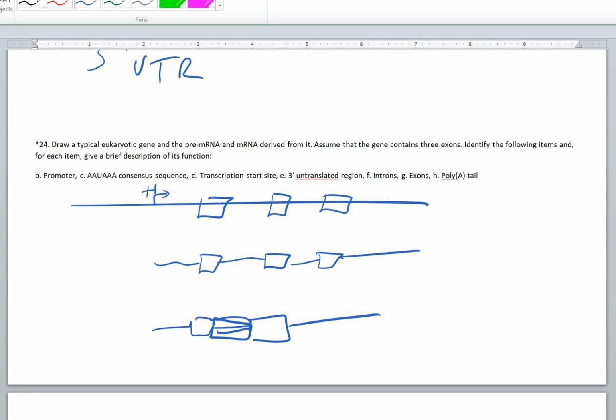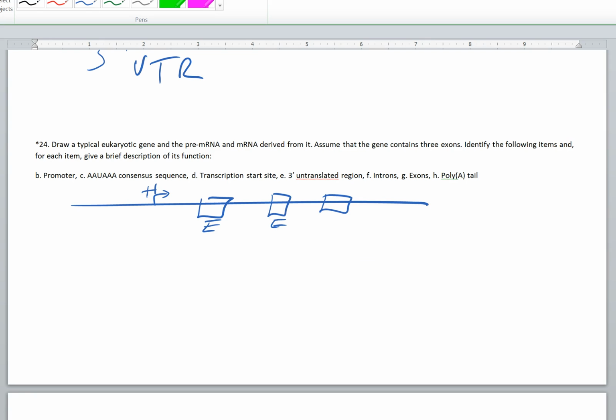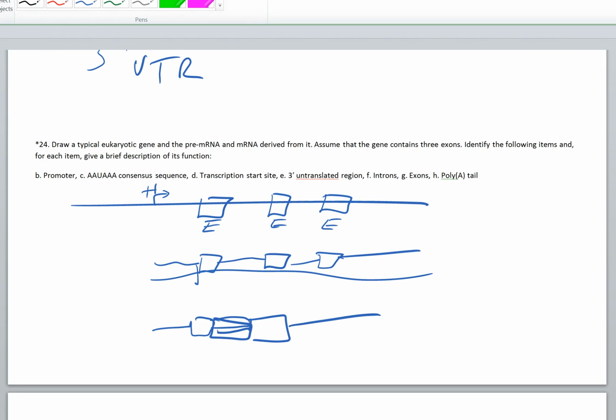So these are exons. Alright. So these exons are put back together. Poly A tails down here. Caps here.